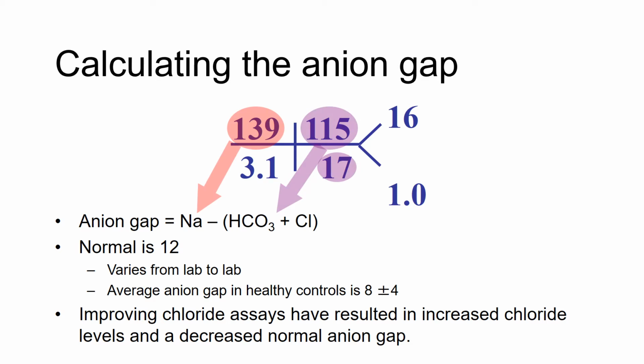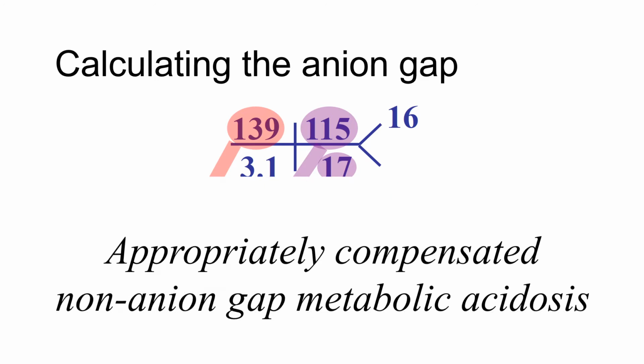So in this particular patient, when we put in these numbers, we get an anion gap of 7, which is normal, and does not suggest an external anion; a predominantly elevated chloride is contributing to a non-anion gap metabolic acidosis.